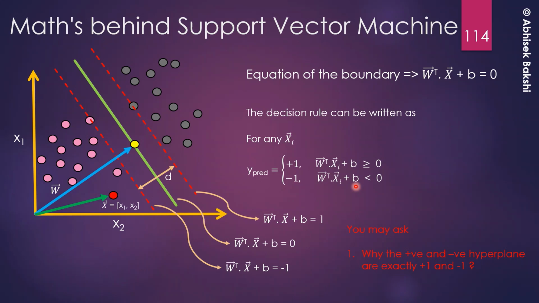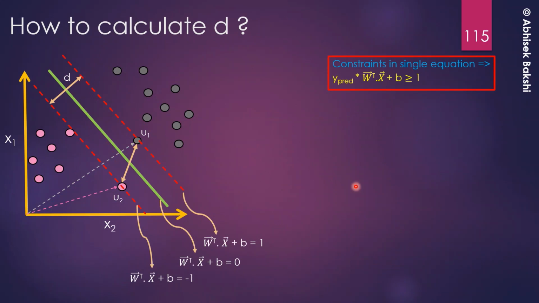That means as a whole, if we put the constraint in a single equation, we can simply write that y pred multiplied by WTX plus B is greater than or equal to 0. I'm sorry, it should not be 1, it should be 0. You can note it down on your side.